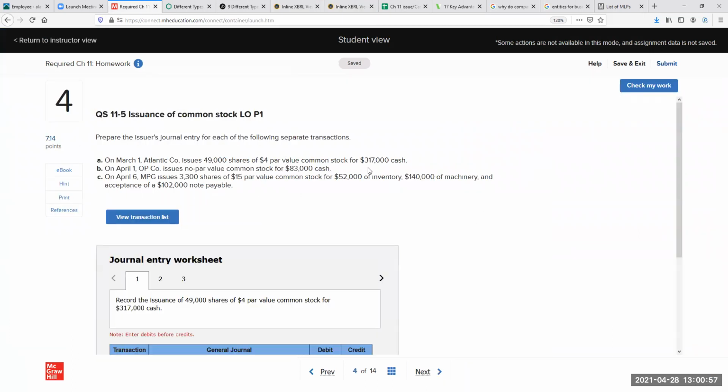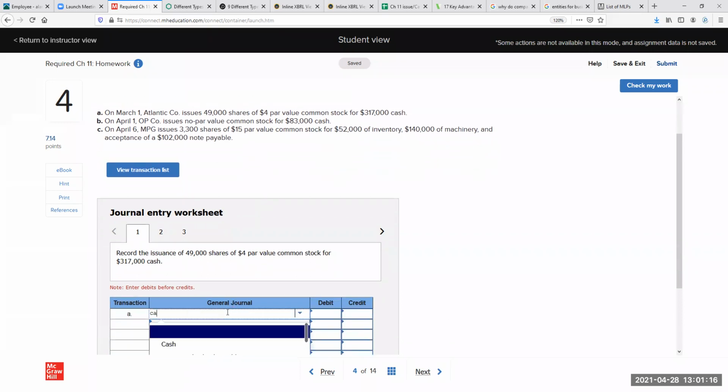All right, let's try number 4. Issuance of common stock. You should be able to do this now. 49,000 shares at $4 par, 317. Well, 317 divided by 49,000 shares, you sold it for $6.46 a share. So the cash is the 317. And what is it here?